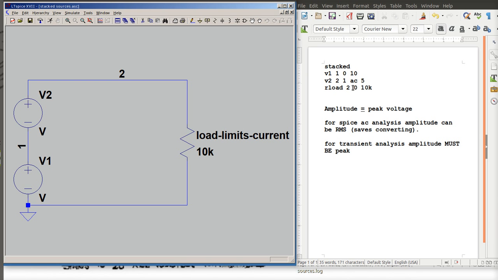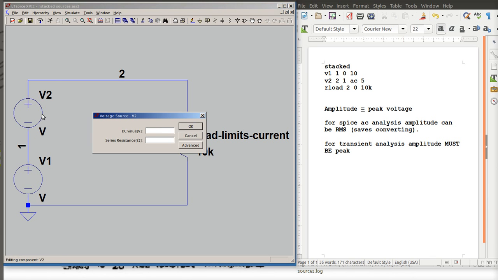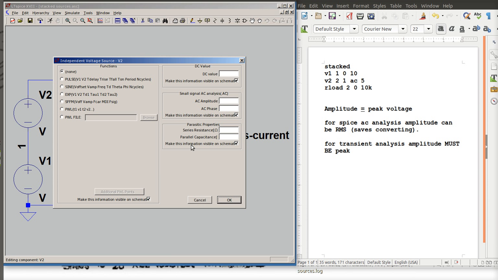I could leave it open loop, Spice would still do it, but I would get 0 current at 10K. So I just put a resistor out there so I'd see some current. What we've typically done is DC analysis.